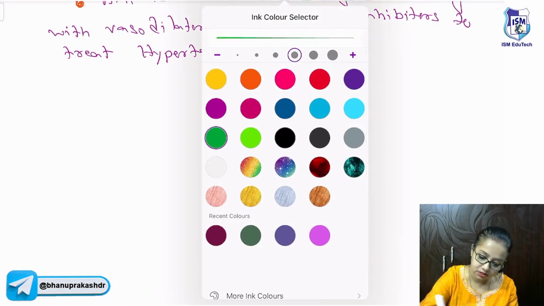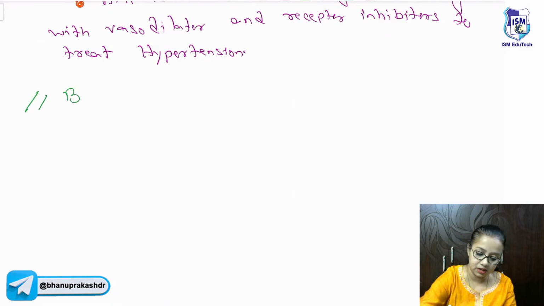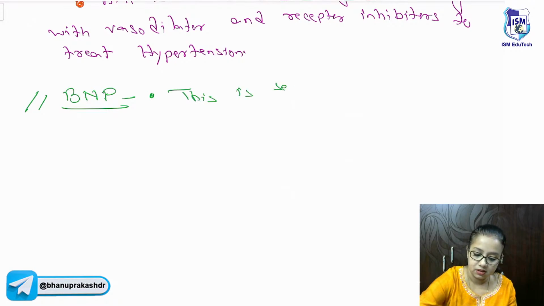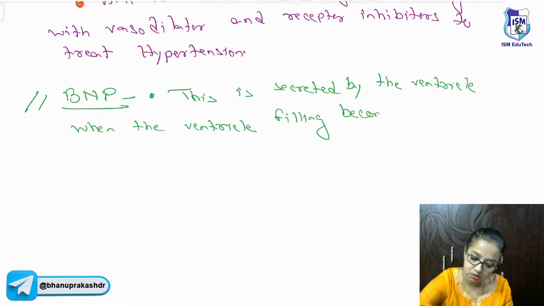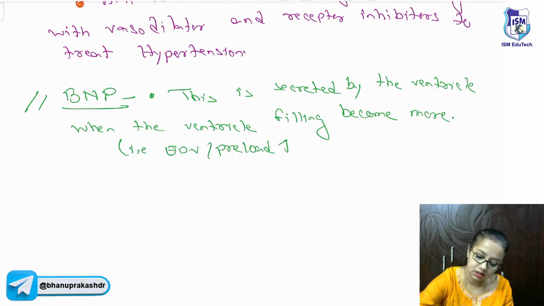The other one, which is also very effective, is the brain derived natriuretic peptide. Now, this is secreted by the ventricles when the ventricle stretching becomes more, that is, when the end diastolic volume or preload increases.